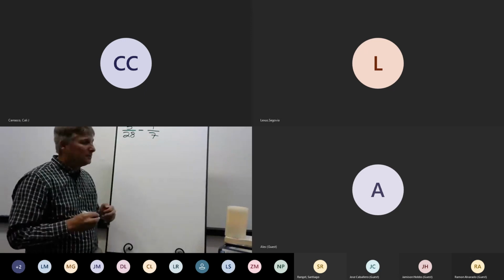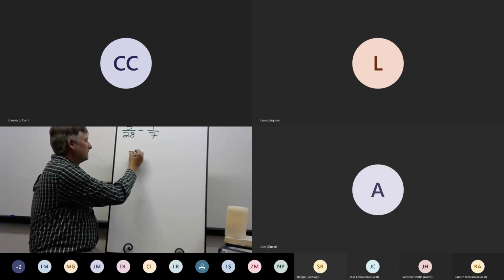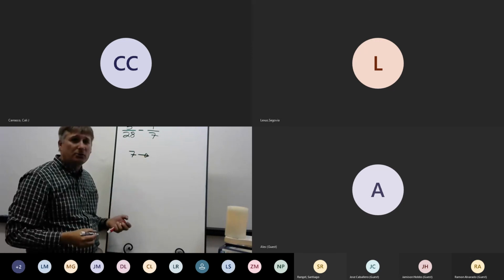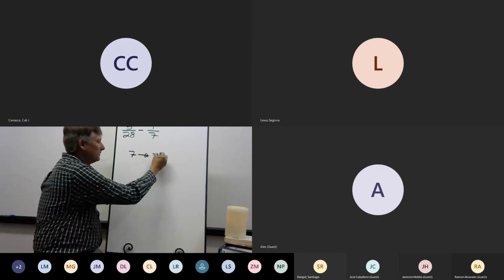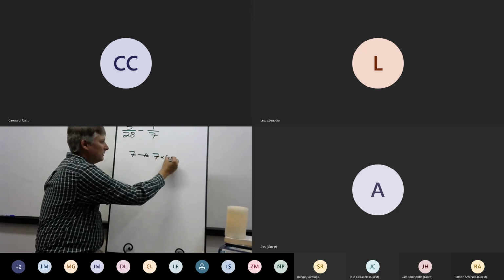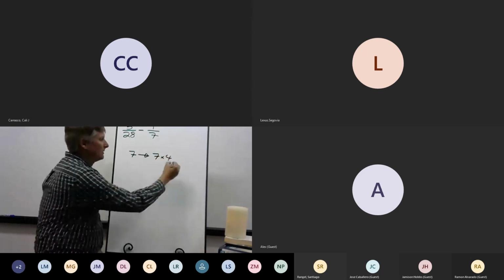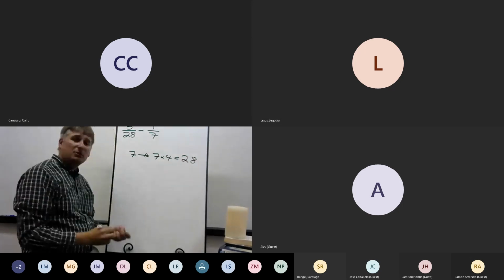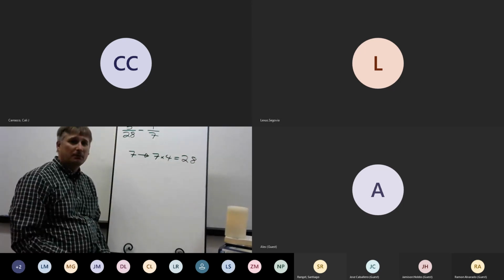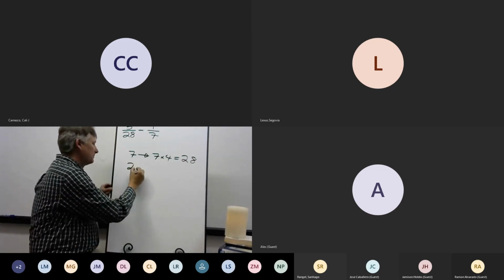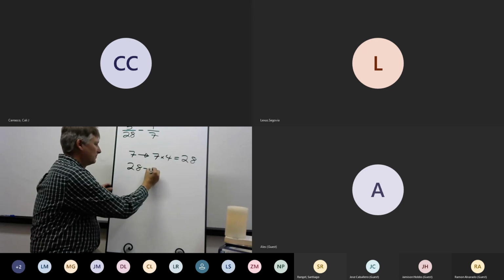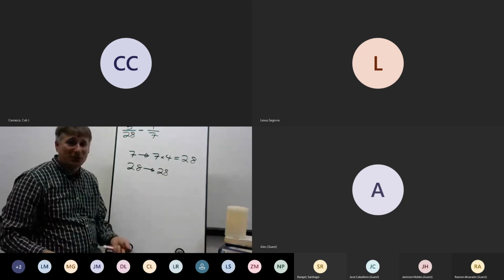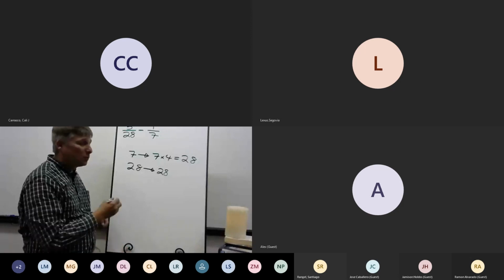But this one's going to be a little easier. The reason is we can turn 7 into 28 by just multiplying by 4. And then, of course, 28 is already there. We don't have to change anything. So we'll get this.